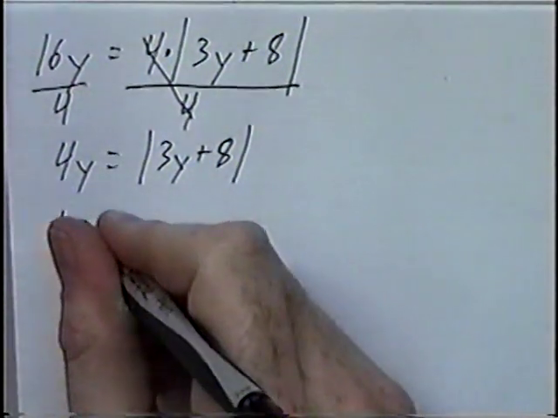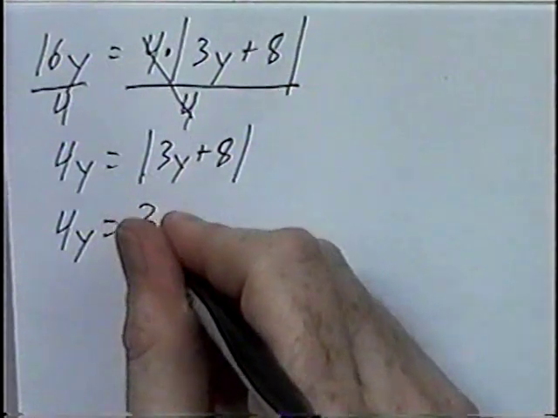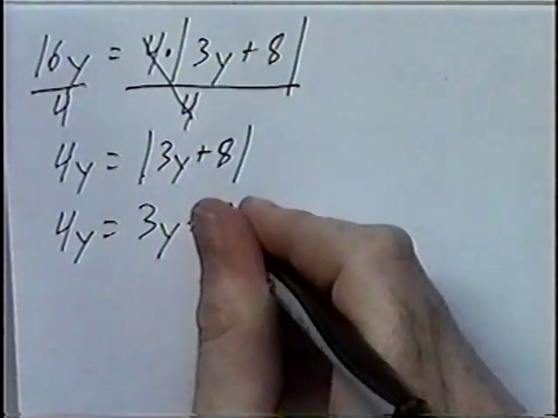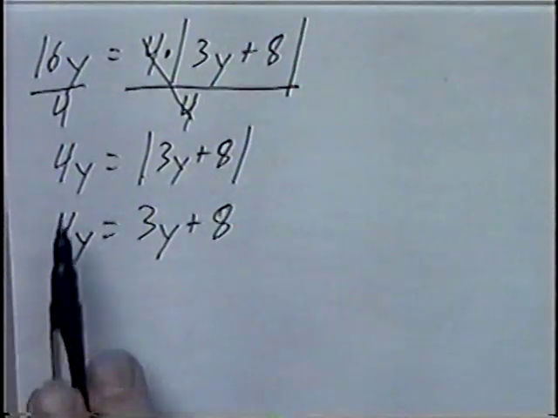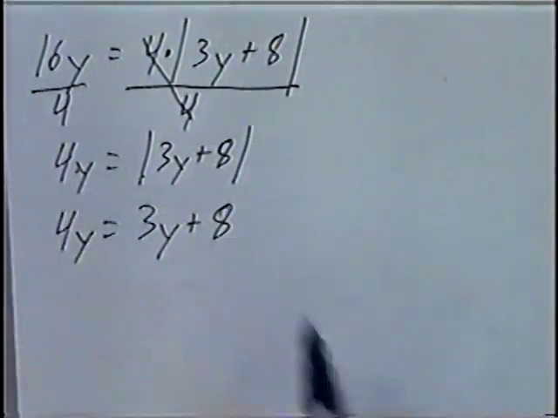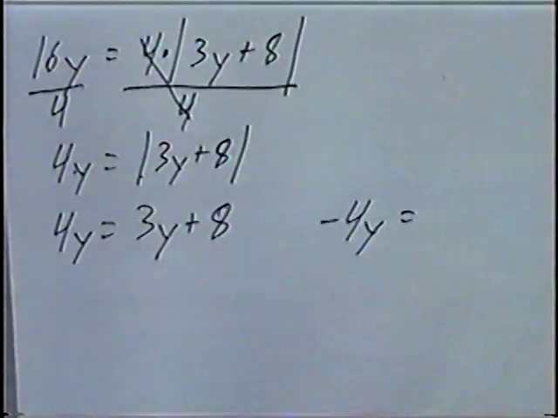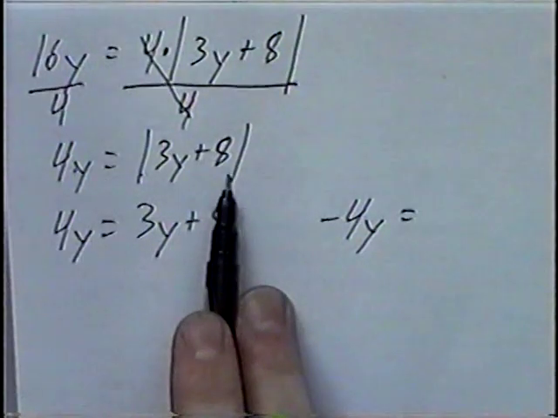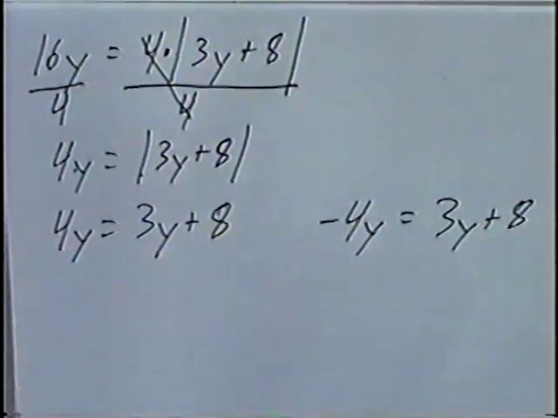First equation, 4y would stay the same, and you can remove the absolute value signs, 3y plus 8. For the second equation we'll solve, instead of positive 4y, the term outside the absolute value, we'll change that to make it a negative 4y. And again, what's inside the absolute value stays the same, but you can remove the absolute value signs.